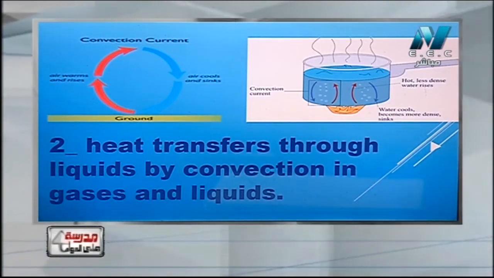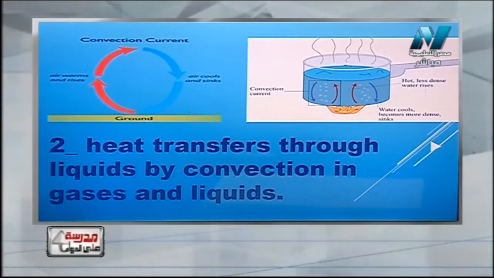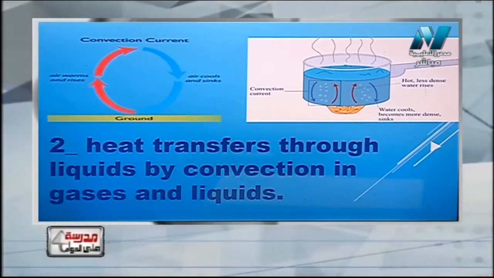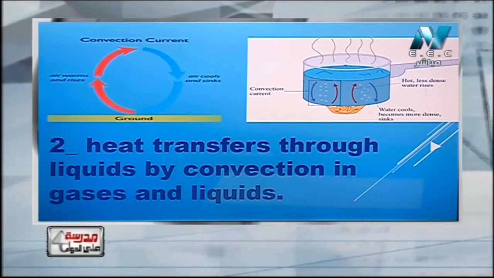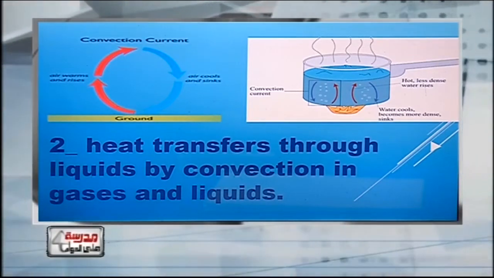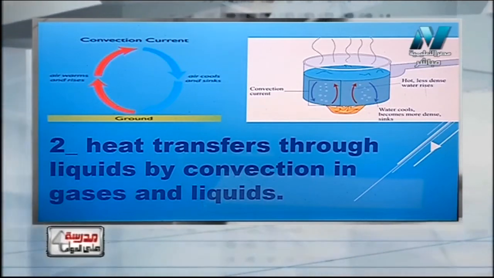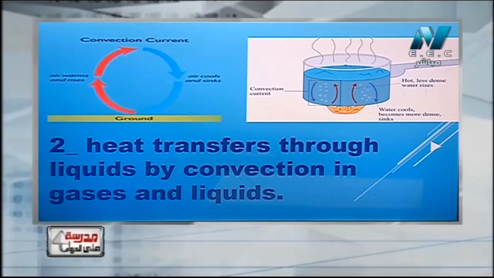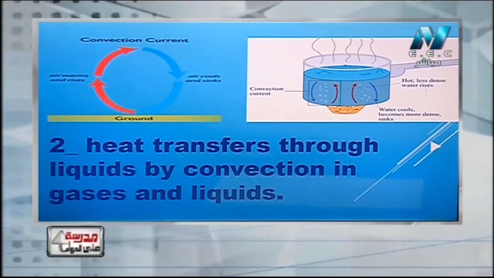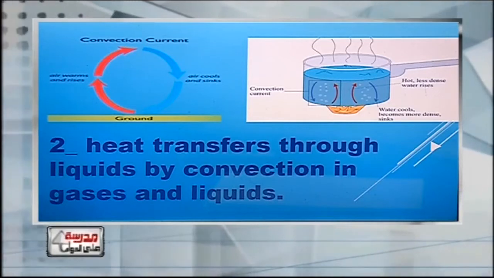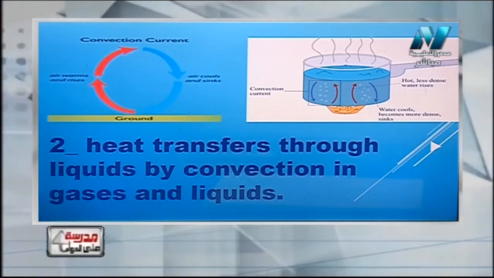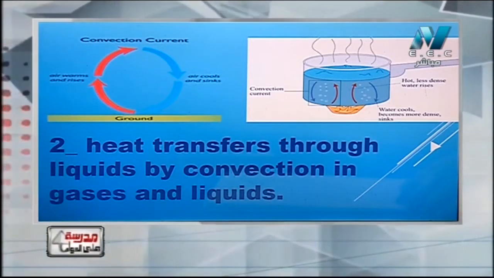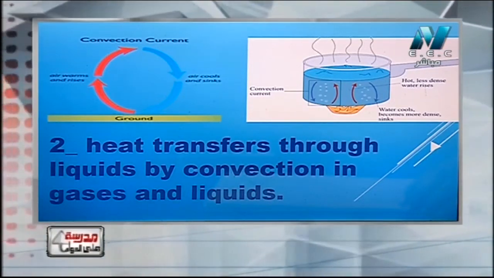And in the other picture, as you see, in air, in gases, the first part of air that touches the surface of earth gets hot in summer at noon, and their volume increases, so their density decreases, so they go up. Hot air goes up, and cold air with higher density falls down. Heat transfers through liquids and gases by convection.